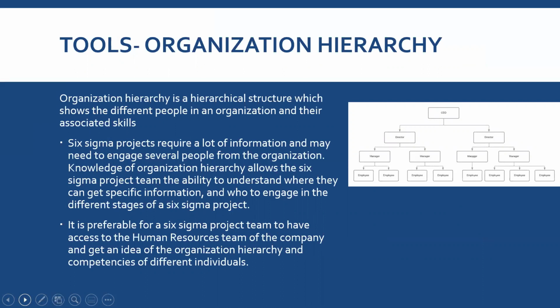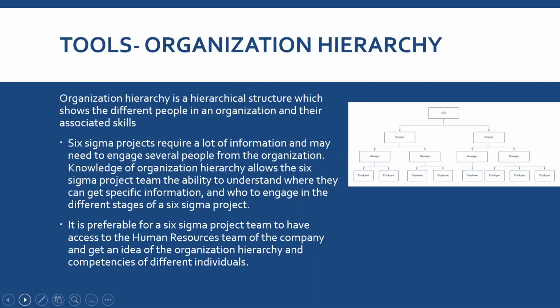Organization structure or organization hierarchy. This is really important because we need to identify the level that we're working with. Six Sigma projects require a lot of information and may need to engage several people from the organization. And we need to be careful on how we deal with these people based on their responsibilities, based on their level in the organization.